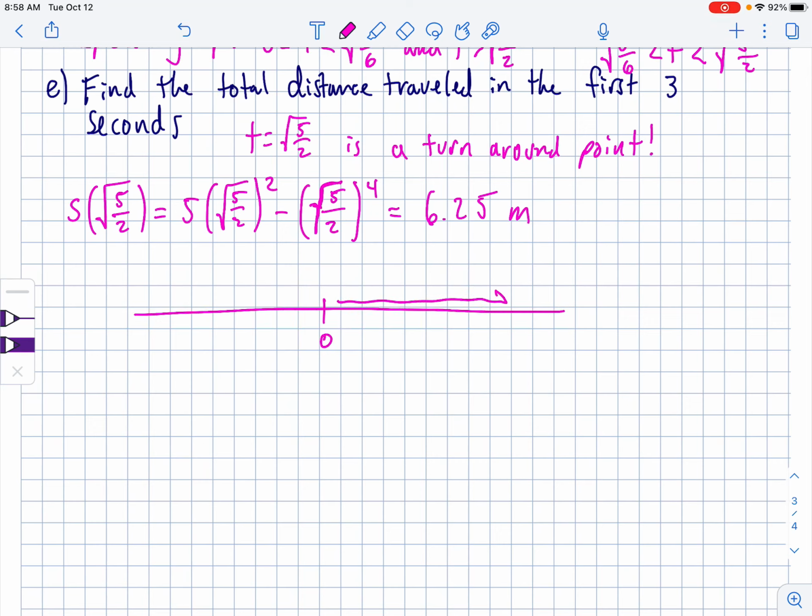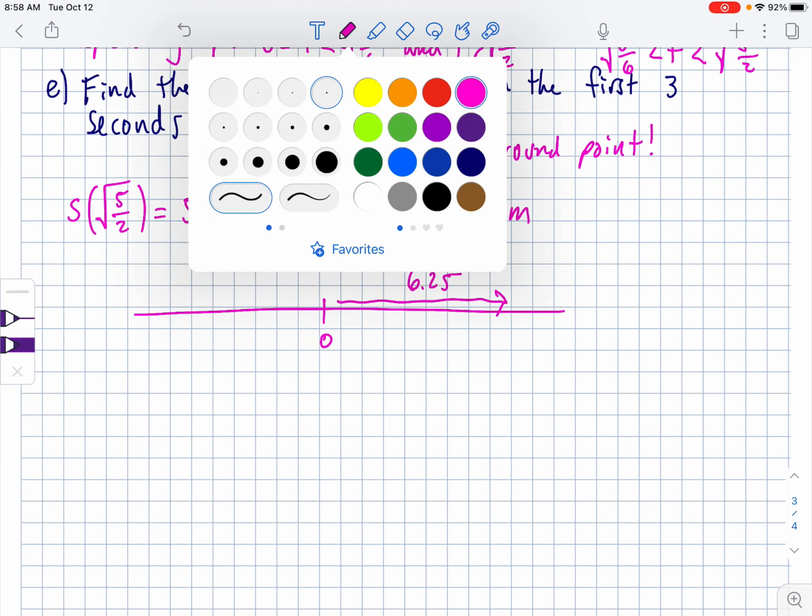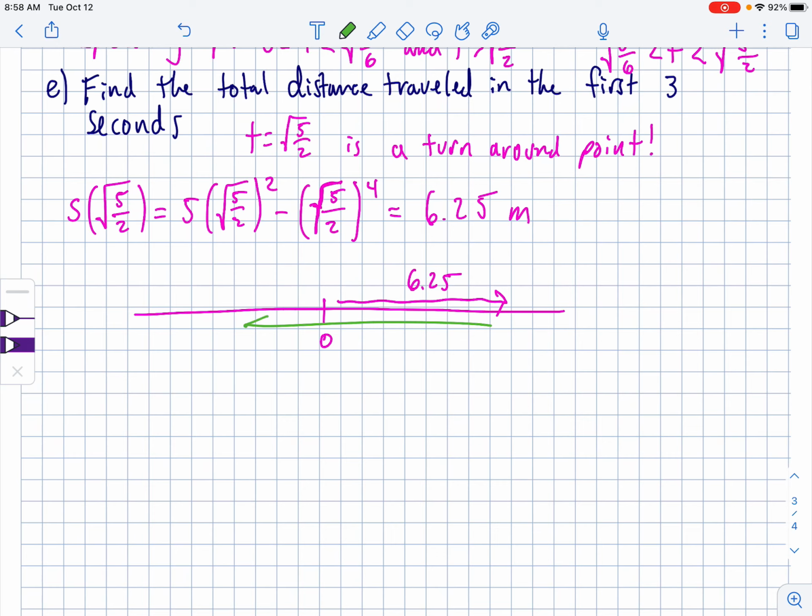But then it turns around and goes to the left. So if you picture this on a number line, starting at 0, it went 6.25 this way, but then it's going to turn around and go back the other direction. So we need to figure out how far it goes from root 5 over 2 to the 3 second mark, because that's within the first 3 seconds.